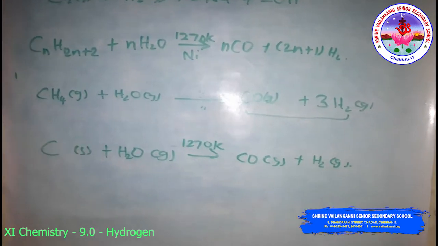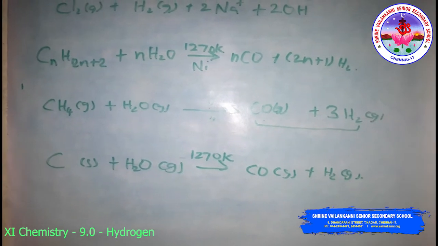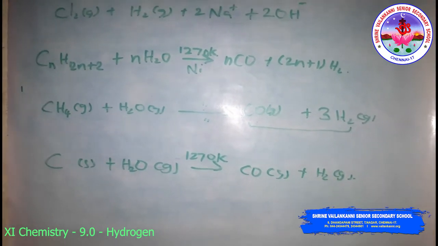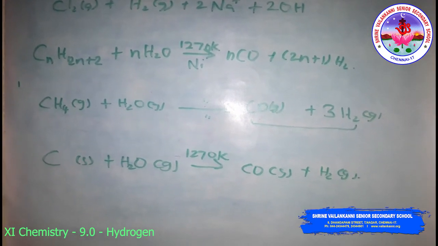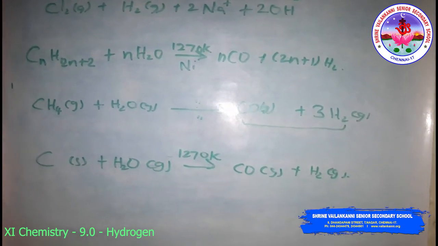The production of dihydrogen can be increased by reacting carbon monoxide in syngas mixtures with steam in the presence of iron chromate as catalyst.